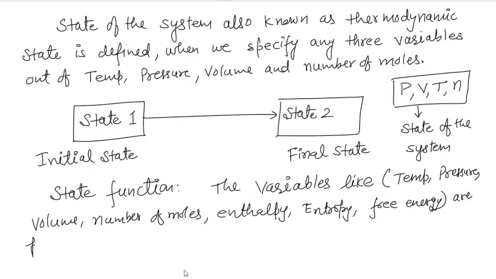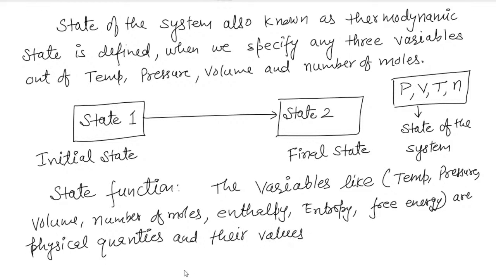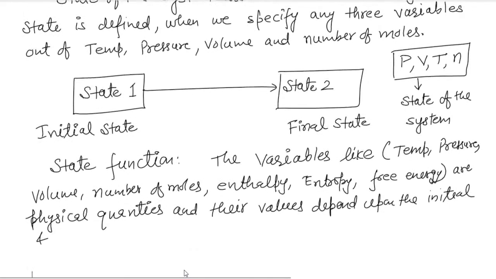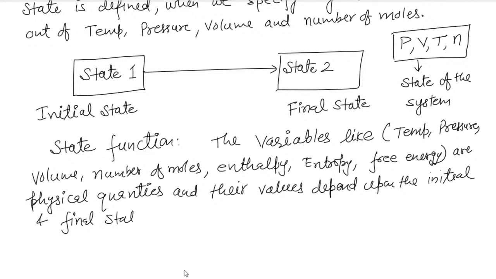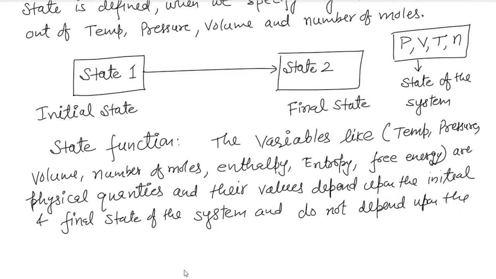are physical quantities and their values depend upon the initial and final state of the system, and do not depend upon the path by which the change has been brought.